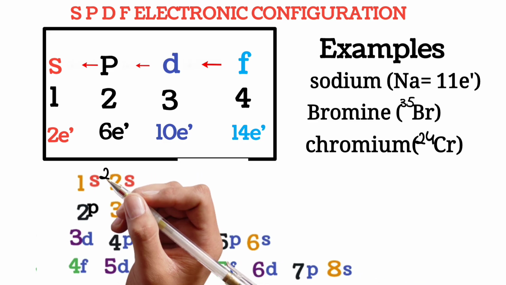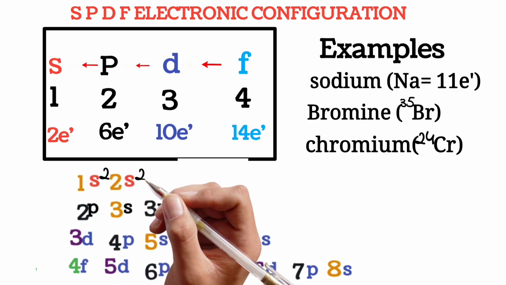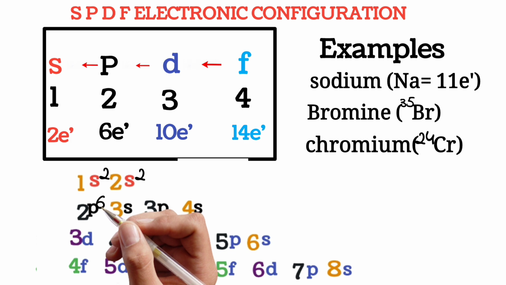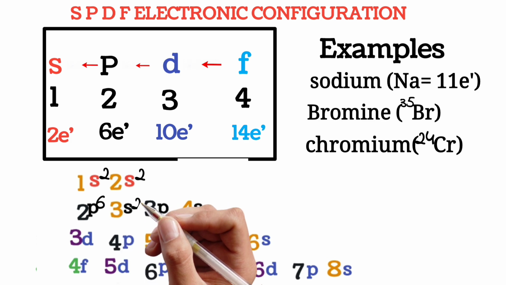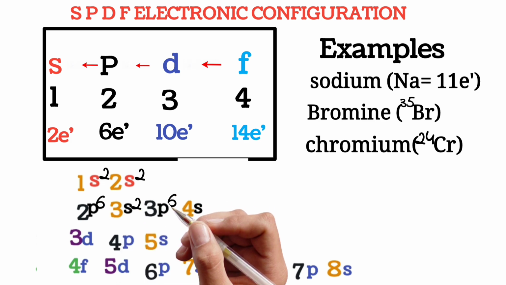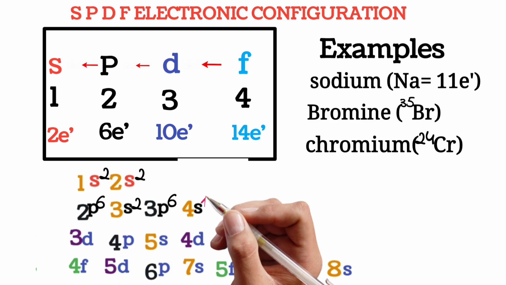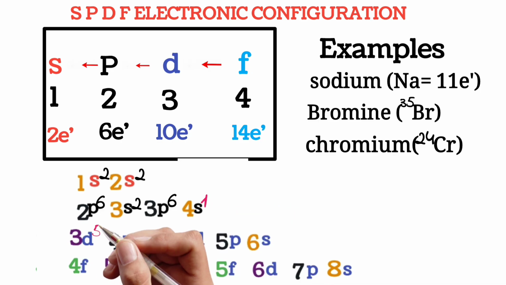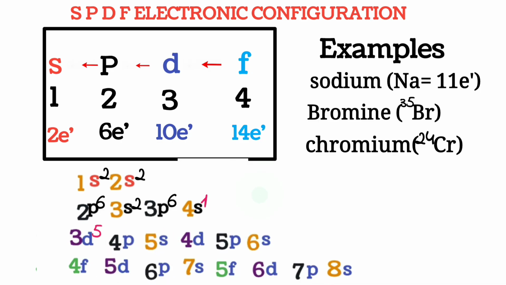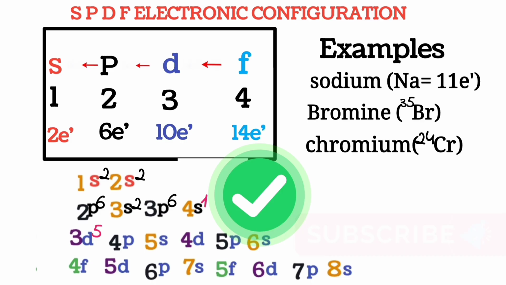So the correct one is going to look like this. 1s2, 2s2, 2p6, 3s2, 3p6, 4s1, and 3d5. This is the correct way of filling for chromium. This way of filling gives extra stability to the chromium atom.